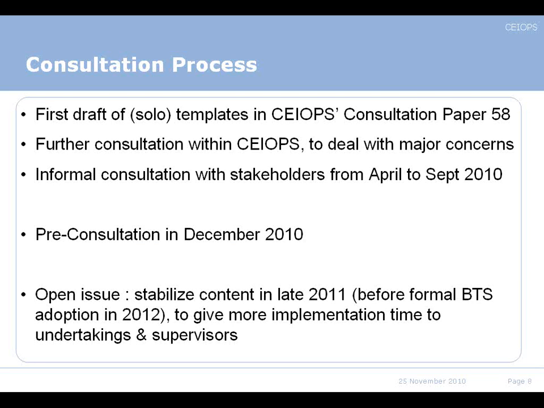How did we conduct our work in the last few months and years? Well, there was first a rough idea of what we could ask, which was published in the form of a consultation paper, CEOPS consultation paper 58. And following that, there was a lot of feedback from, in some way, everybody, because it was a public consultation. So further to that, there was a lot of work to address the concerns that were expressed.